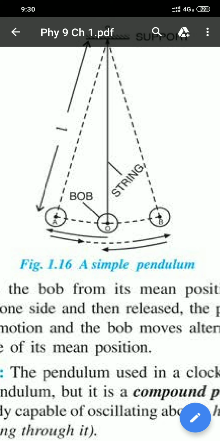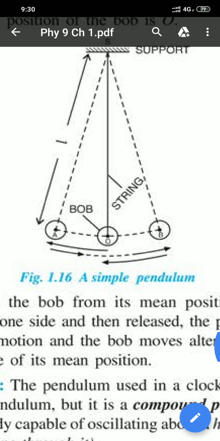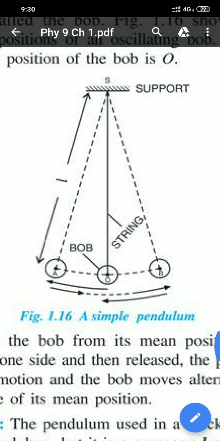An ideal pendulum, if kept in vacuum, should keep on oscillating till infinity, okay, because there is nothing to stop it. But because practically we keep it in air and there is resistance of the air, it eventually stops.